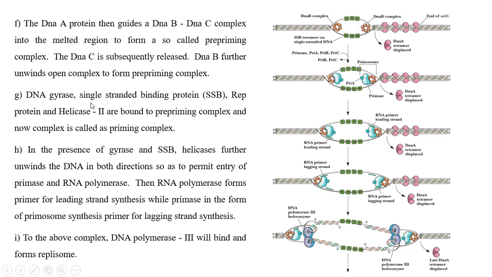The DNA gyrase and single-stranded binding protein play important roles during open complex formation. When the helicase makes the open complex, it creates a twist on the other side of the DNA that can be relaxed by the enzyme DNA gyrase or DNA topoisomerase.